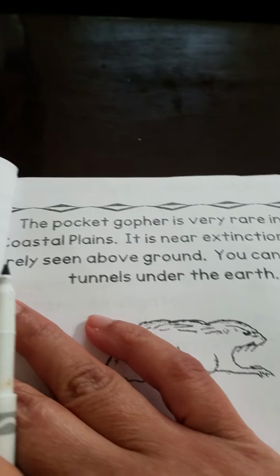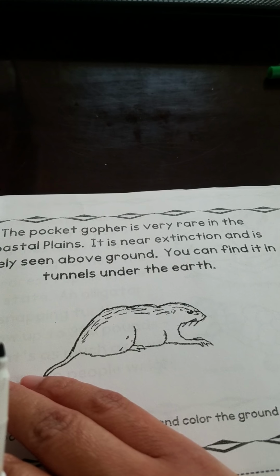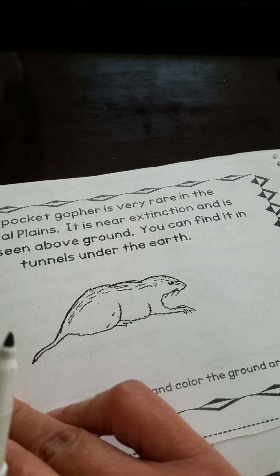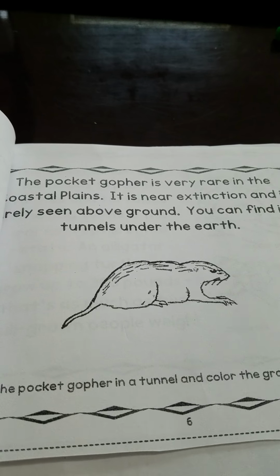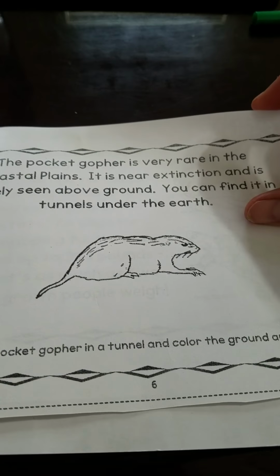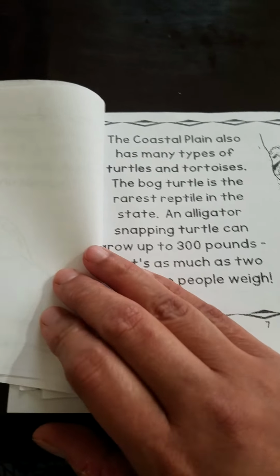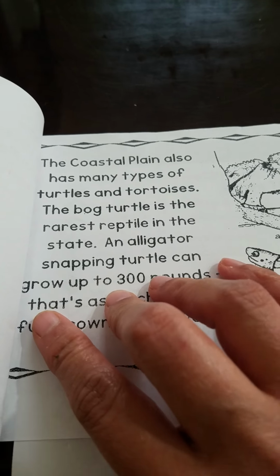Then the next one is the pocket gopher, which is very rare in the coastal plains. It's near extinction and is rarely seen above ground. You can find it in tunnels under the earth. The coastal plain also has many types of turtles and tortoises.